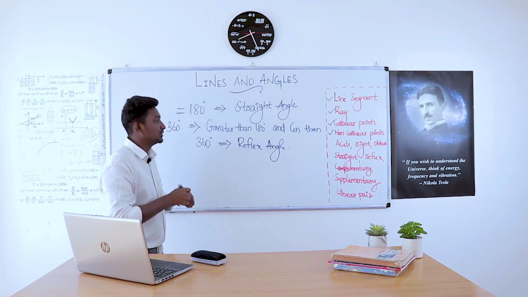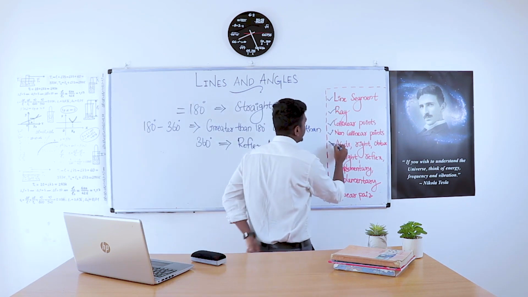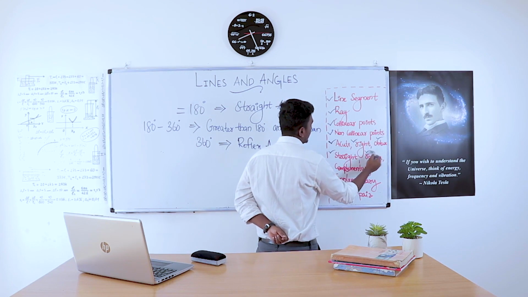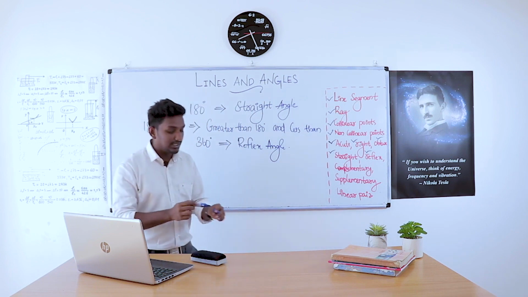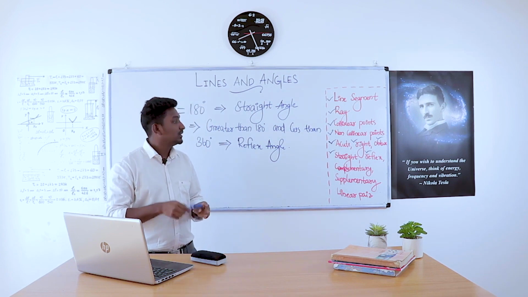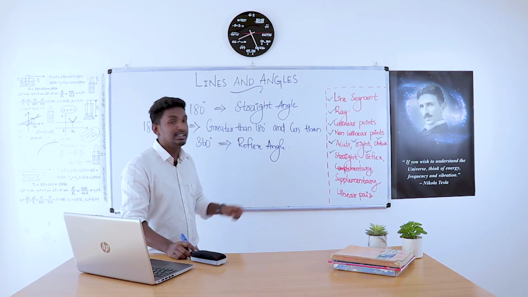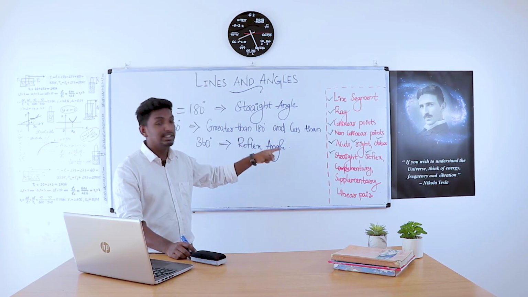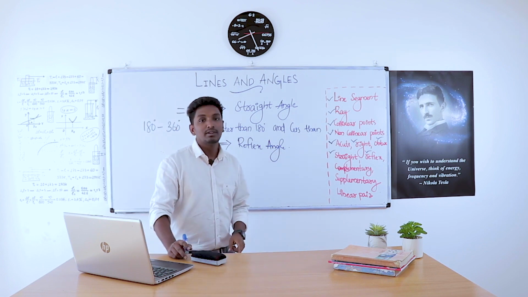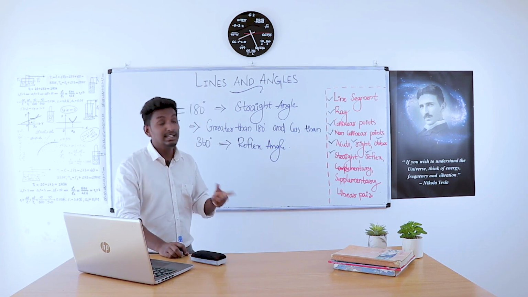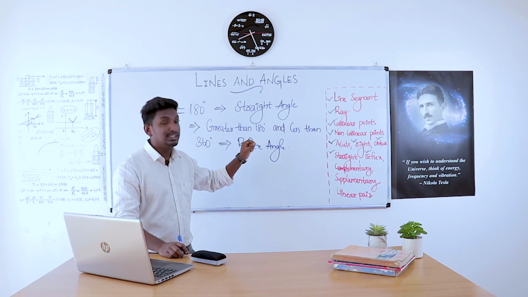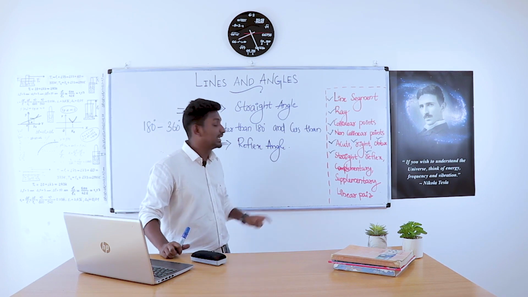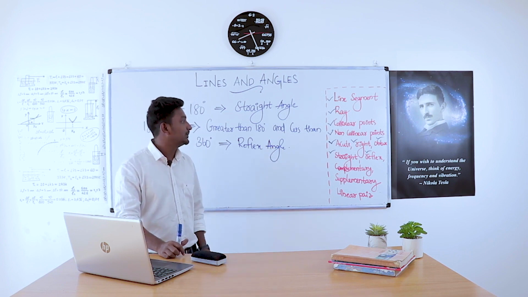Now we have gone through acute angle, right angle, obtuse angle, straight angle and reflex angle. The angles whose measure is less than 90 degrees are called acute angles. If the value of the angle is equal to 90 degrees, it is a right angle. If it is greater than 90 and less than 180 degrees, it is an obtuse angle. If it is equal to 180 degrees, it is a straight angle.